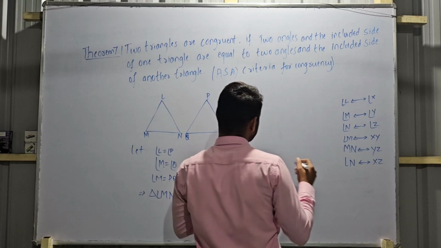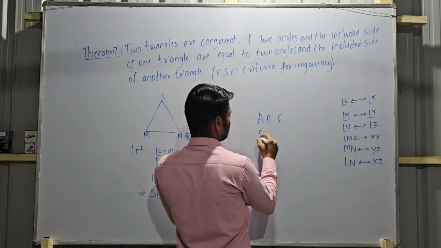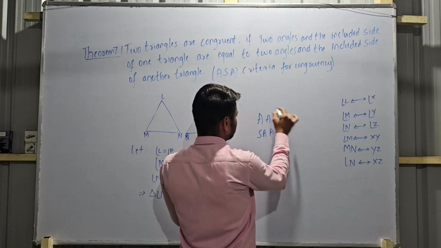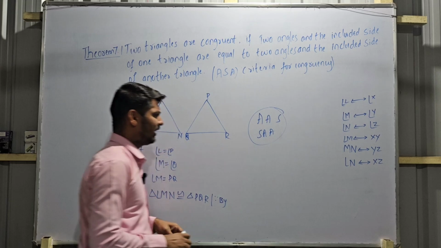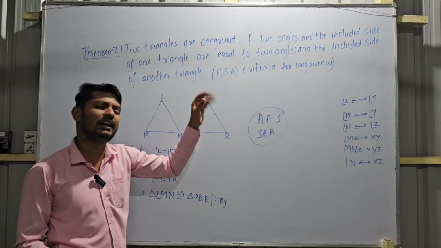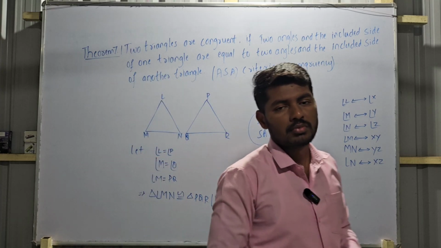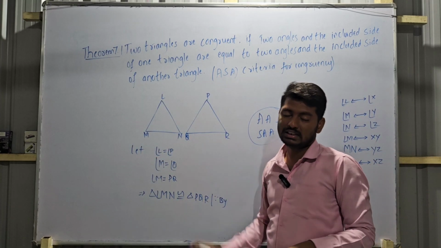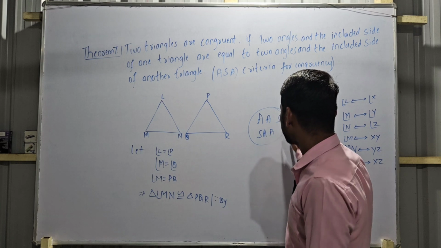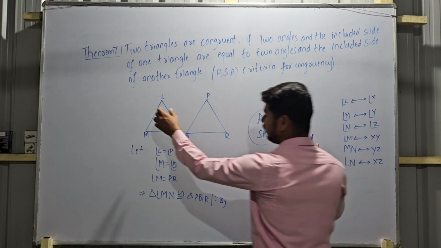Sometimes we can also say angle side or side angle. So this also we can take, that means the included side need not be equal. Any two angles and any one side of the two triangles being equal means the two triangles are said to be congruent. That is called AAS.